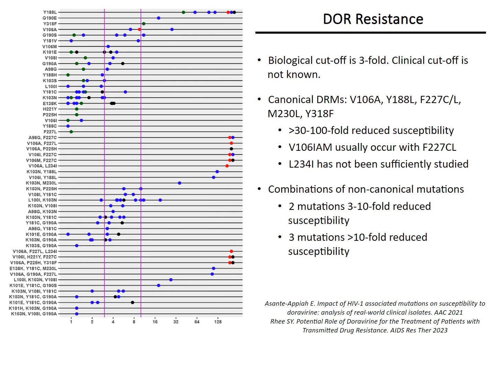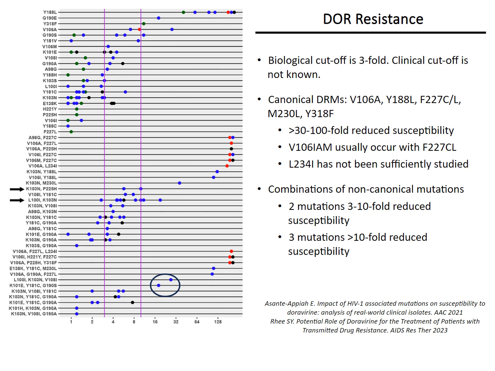Certain combinations of two non-canonical Doravirine-associated mutations, such as K103N in combination with L100I or P225H, are associated with 3 to 10-fold reduced susceptibility, and at least 2-3 mutation combinations lacking canonical Doravirine-associated mutations have been associated with greater than 10-fold reduced susceptibility.